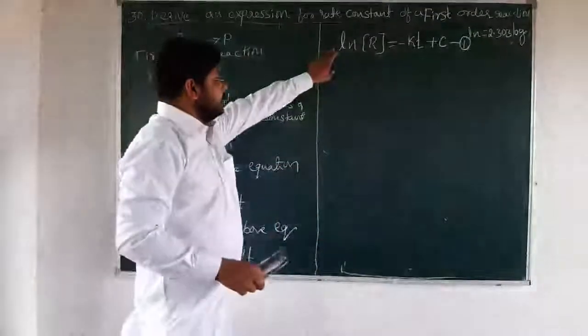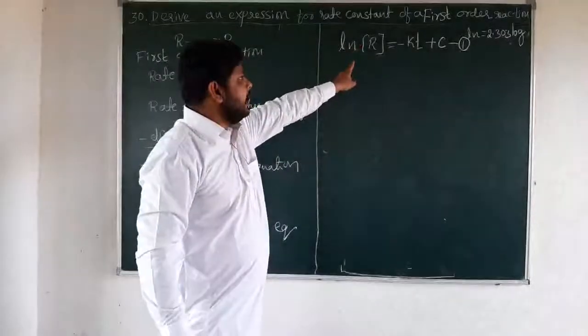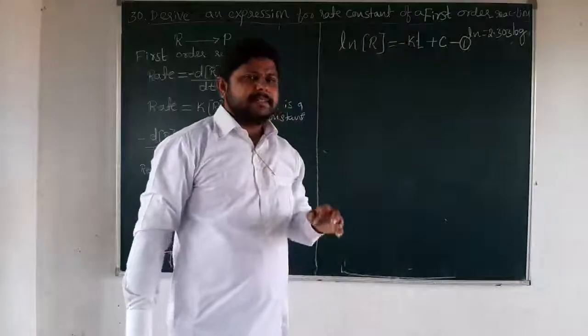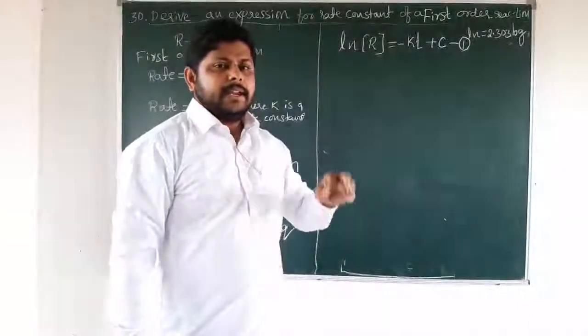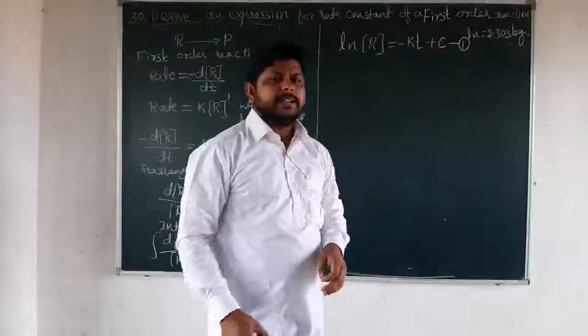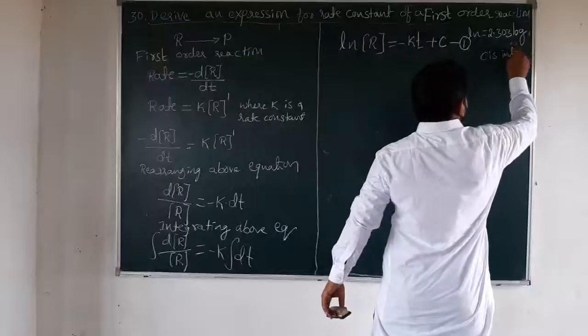From this integrated rate equation, we have ln R equals minus K into t plus c, where c is the integration constant.